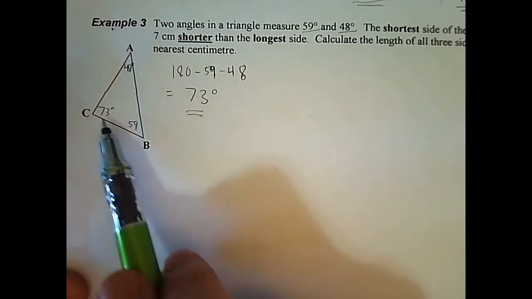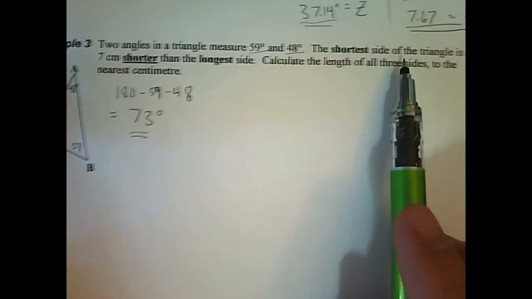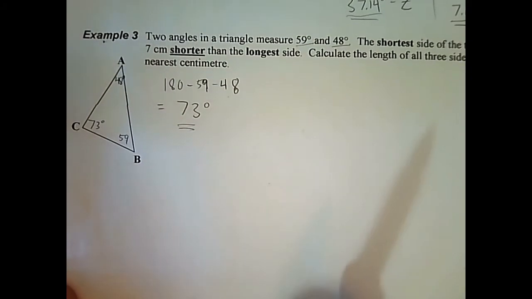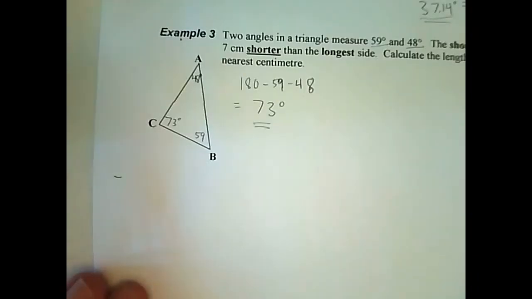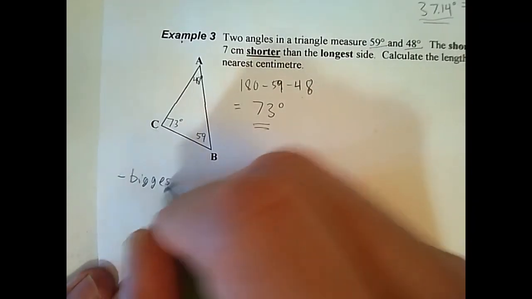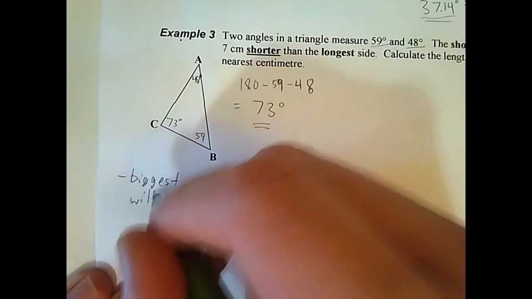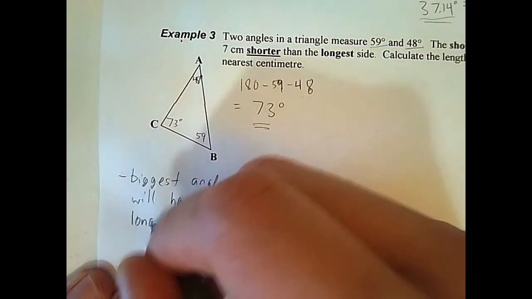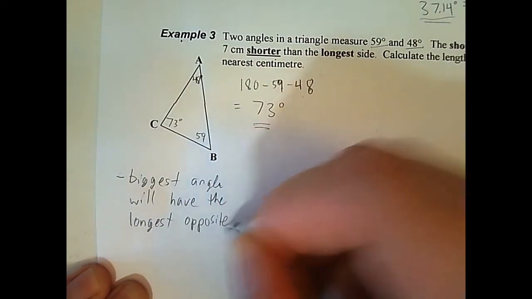So I have these three angles now. And it says the shortest side of the triangle is 7 centimeters shorter than the longest side. So a general rule of thumb is if I have an angle here, the biggest angle will have the longest opposite side.